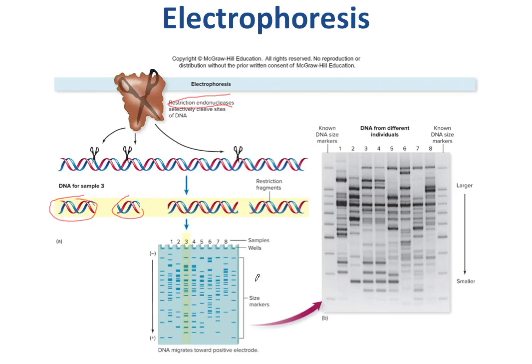This is the ladder. The ladder shows the sizes of the different DNA fragments. Based on the ladder, we can know if the DNA that we amplified is what we need.